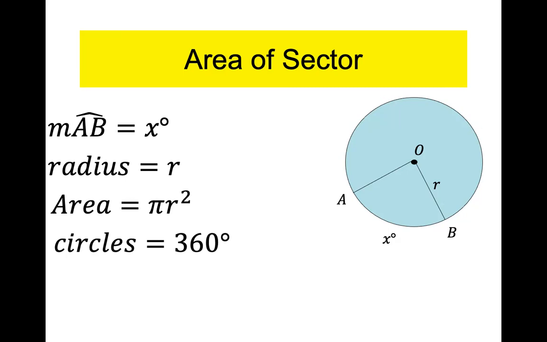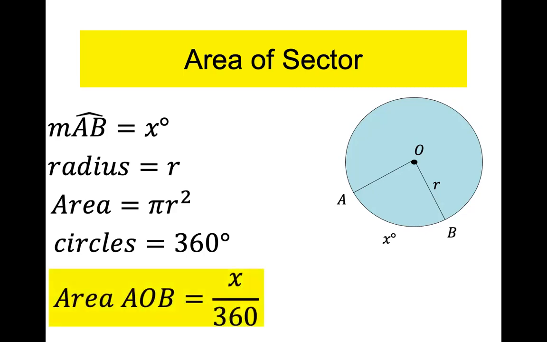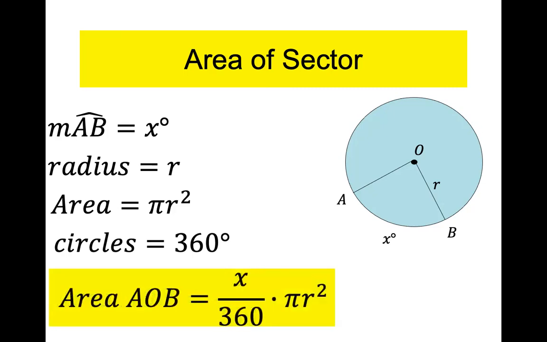That would be x over 360. That would be a percent. We multiply it by, not the circumference, but the area. Once again, x over 360, x is the arc measure. It's 25%. We take 25% of the area, we get the sector area.